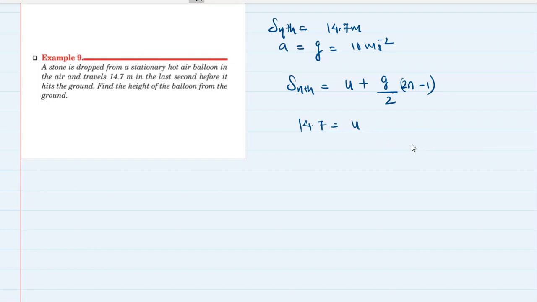A stone is dropped from a stationary hot air balloon, so u will be 0, right? Yes. 0 plus 10 by 2, bracket 2n minus 1. So this will become 5. So 14.7 divided by 5 is equal to 2n minus 1.